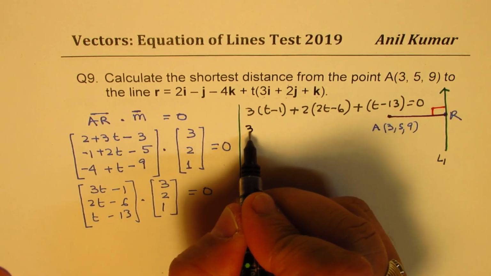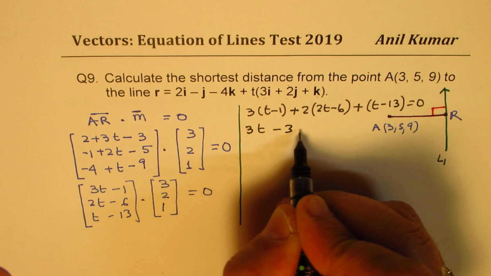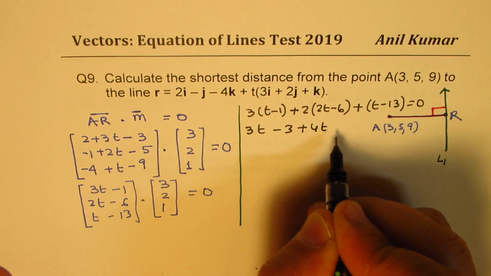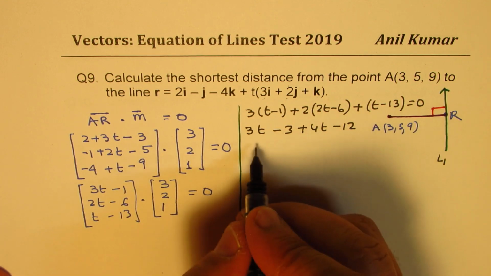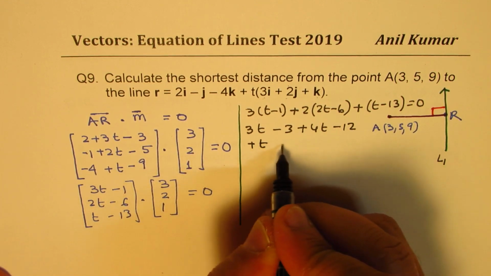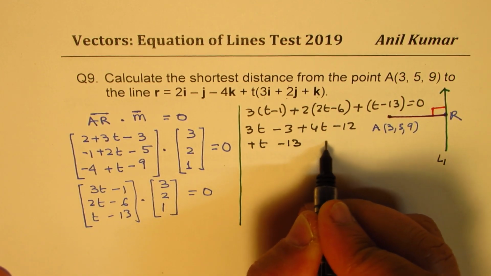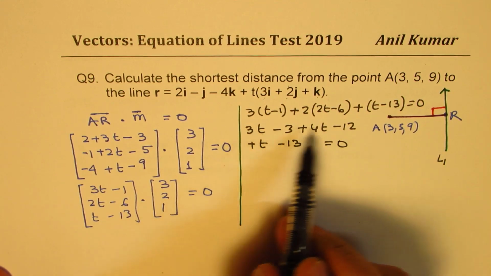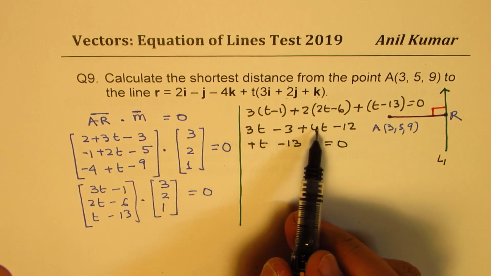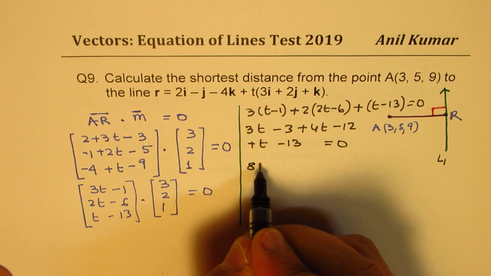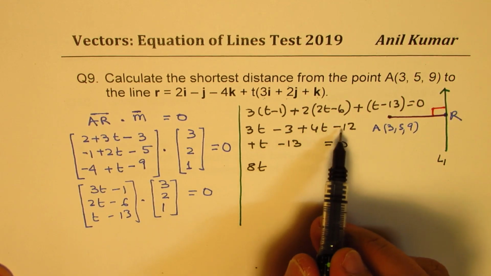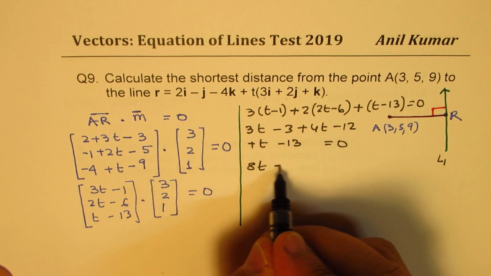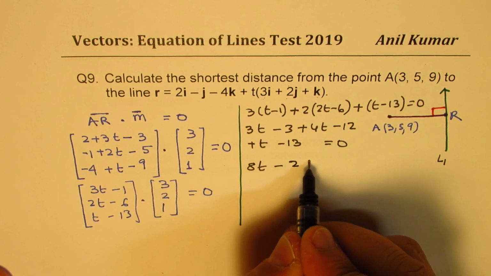That gives us 3t minus 3 plus 4t minus 12, plus t minus 13 equals 0, right? So combine these terms. We have 3 plus 4, 7 and 1, 8t. And all these negative numbers. Minus 3 minus 12 is 15.